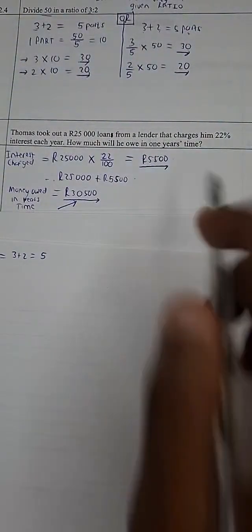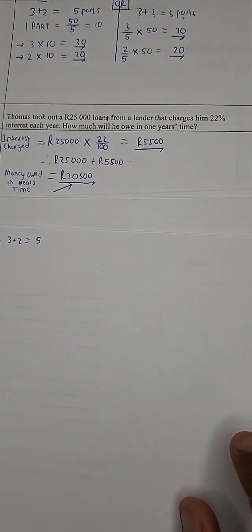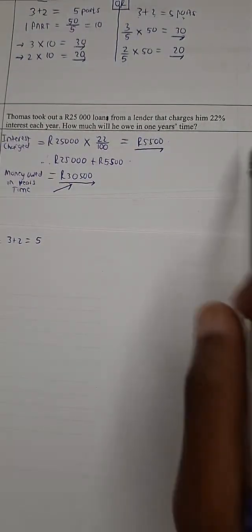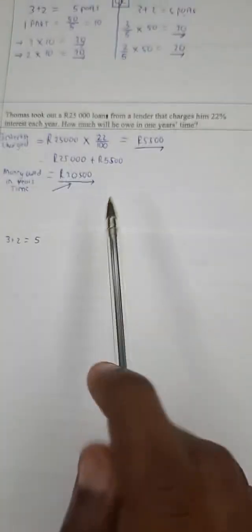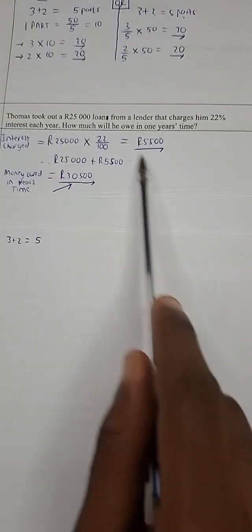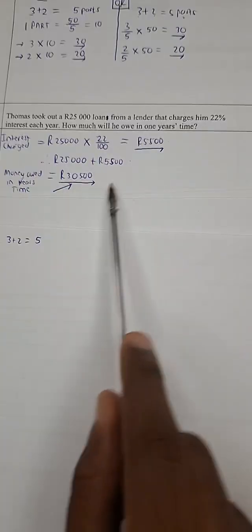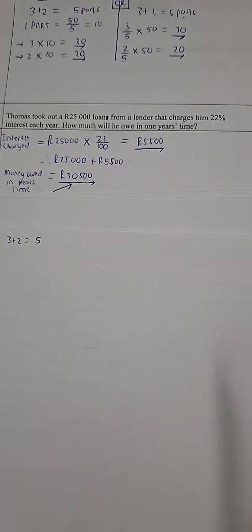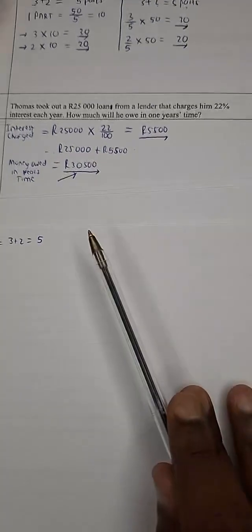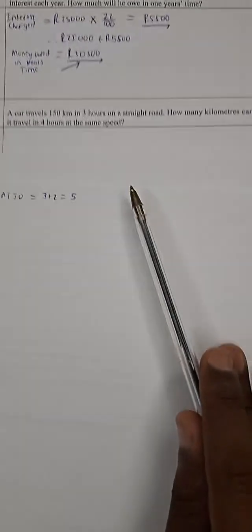That 25,000 times 22 over 100 is the interest charge, the 5,500. When we pay back, we have to pay back the money that we borrowed plus the interest, and we end up paying back 30,500. Hope that's clear for all of us.